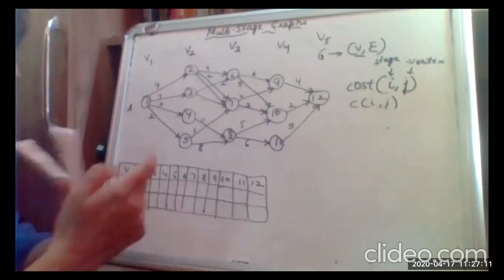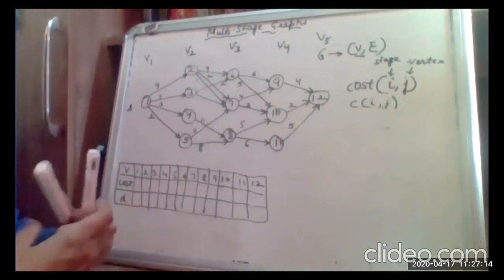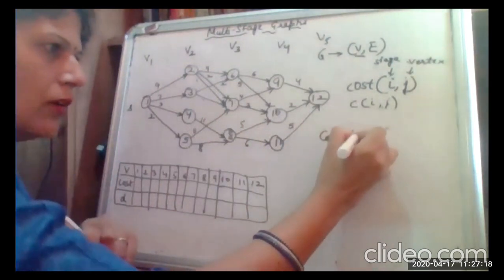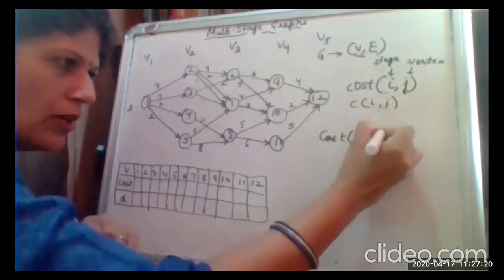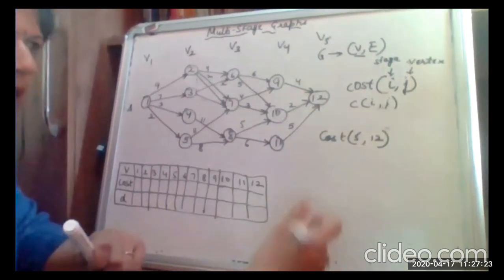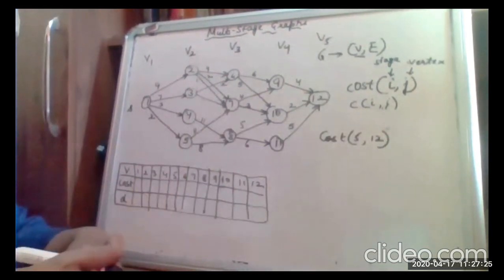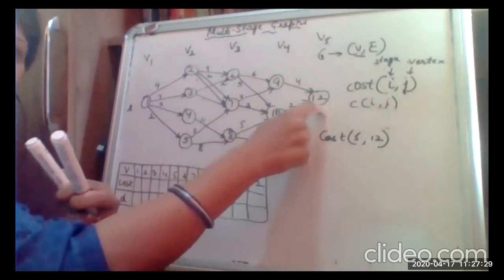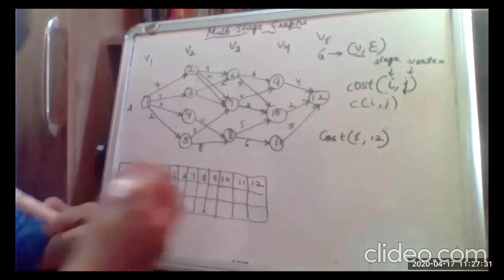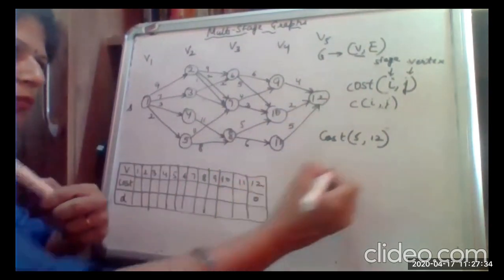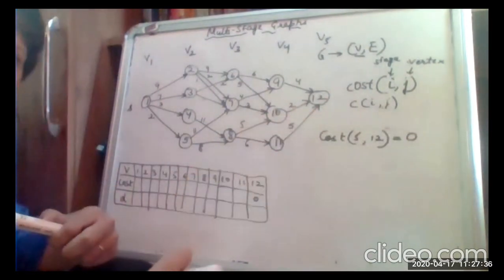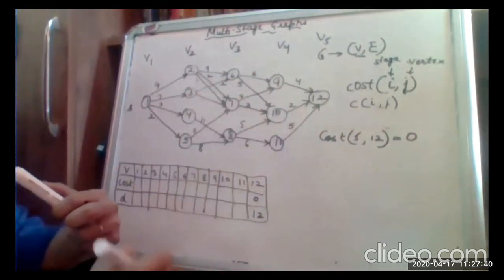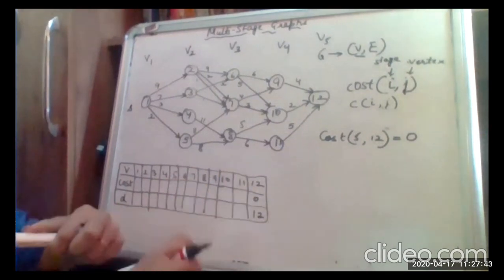Now to find the cost of the fifth stage 12th vertex to reach the sink from the 12th vertex. What is the cost of reaching from 12 to 12? Definitely it is 0. It's going to be equal to 0, and you are reaching there via the 12th only. Yes, so this is a simple one.